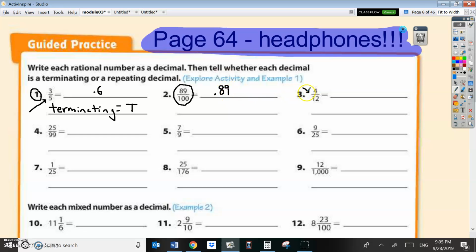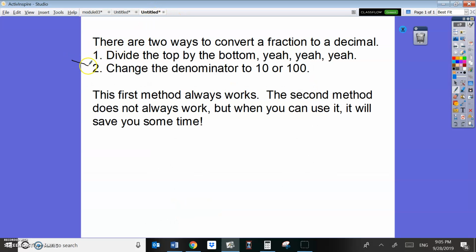4 over 12. Can we do that with 4 over 12? Nope, doesn't work. But look, 4 over 12 is the same as 1 over 3.